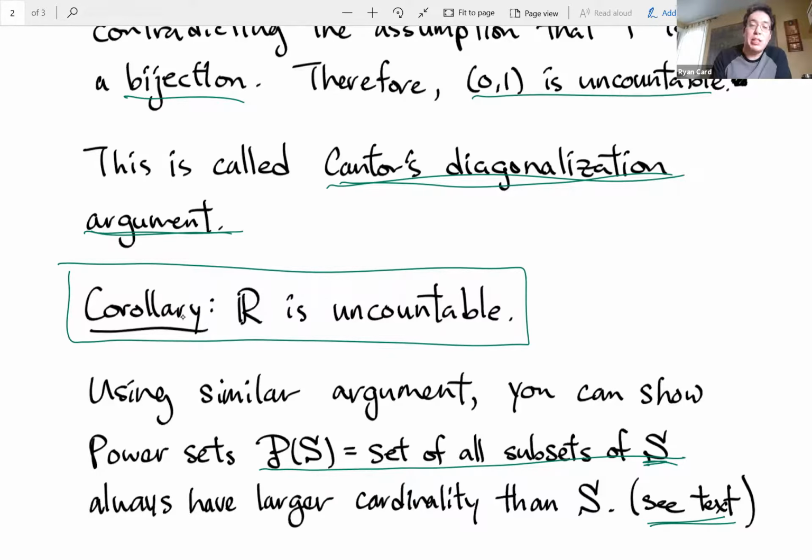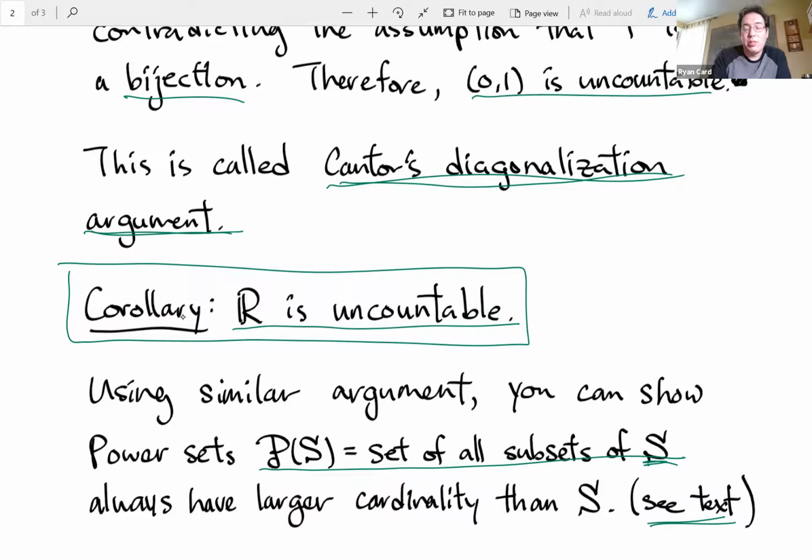So you can actually come up with some set that's larger than the real numbers as well. All you have to do is look at the power set of the real numbers, and then that will be bigger than the real numbers. So it's a much bigger size of infinity, but you can come up with an even larger size of infinity by looking at the power set of the real numbers and so on.